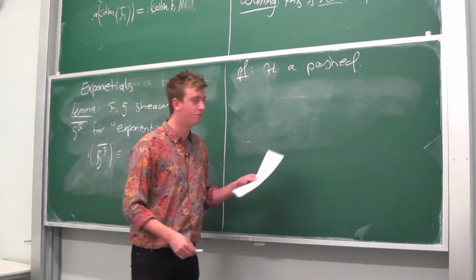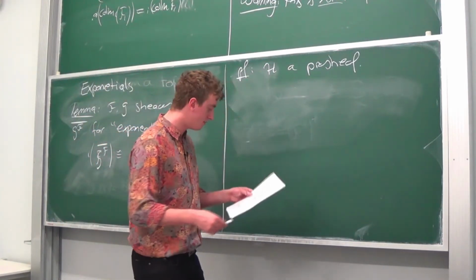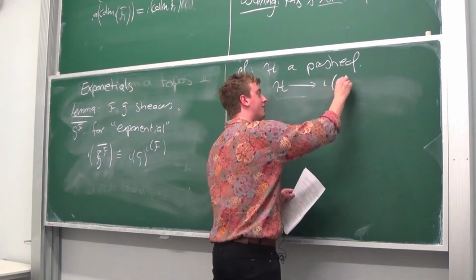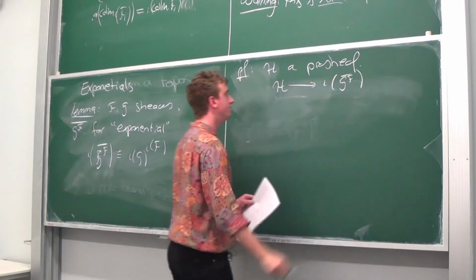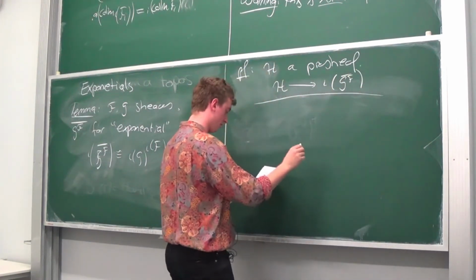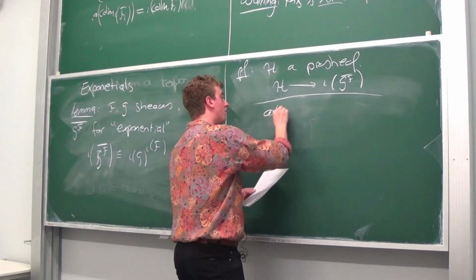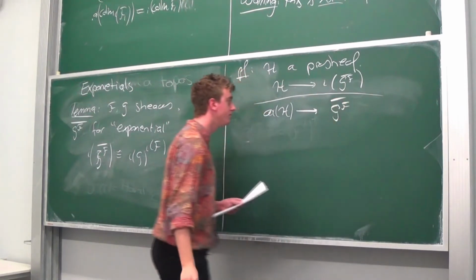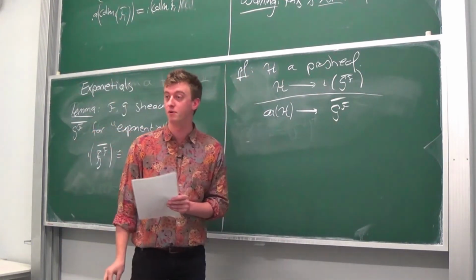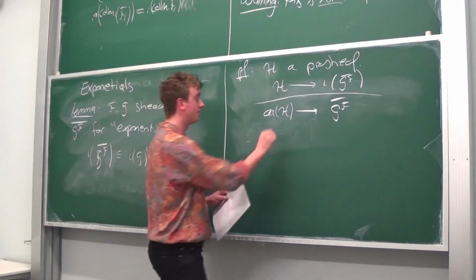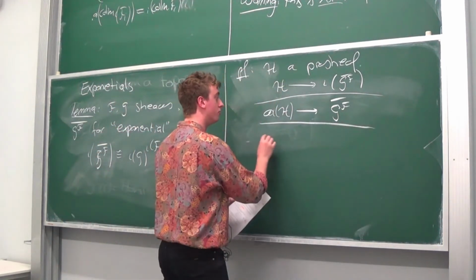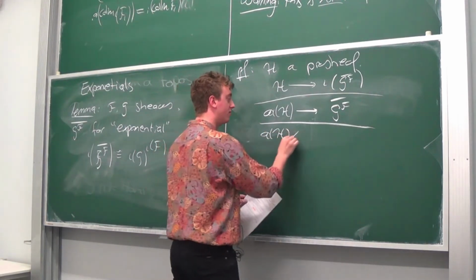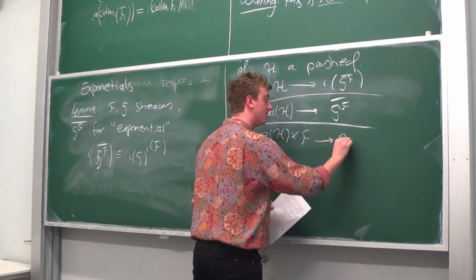So take H to be just some pre-sheaf on C. Then we know that any morphism H to iota of the exponential object is going to be adjoint to a morphism from the sheafification of H to the exponential. Now, we know the exponential is characterized by an adjoint property. So this in turn means that this is adjoint to a morphism from the sheafification of H times F into G.